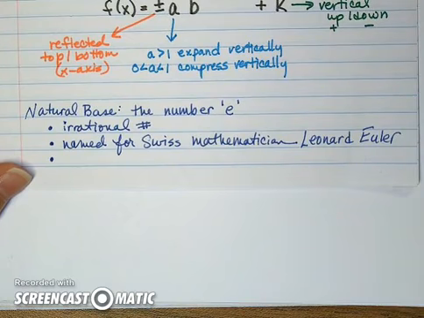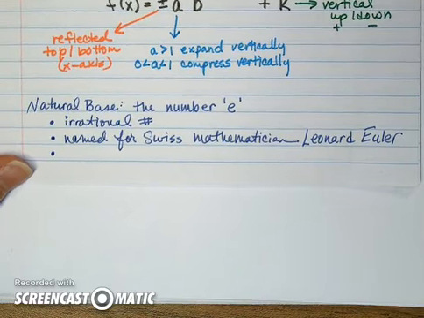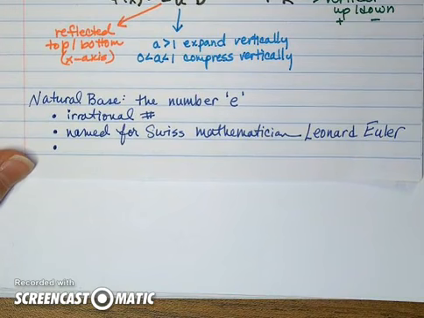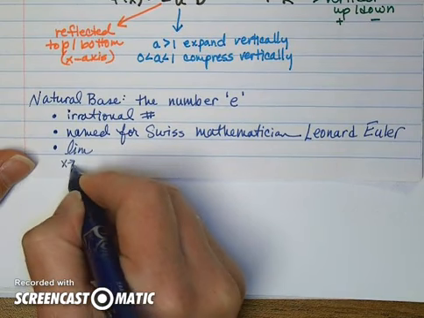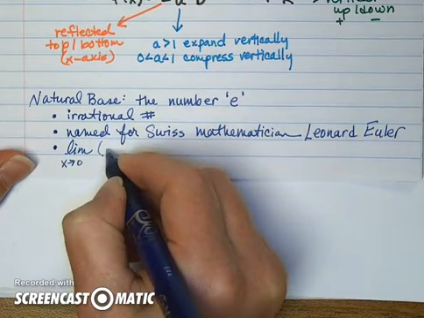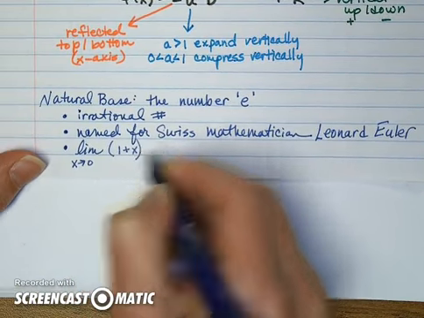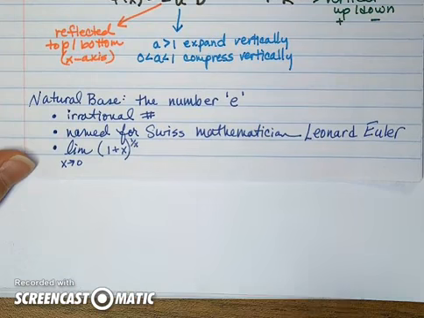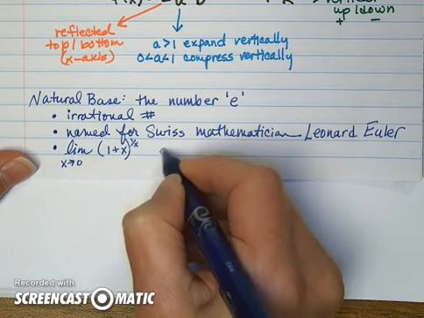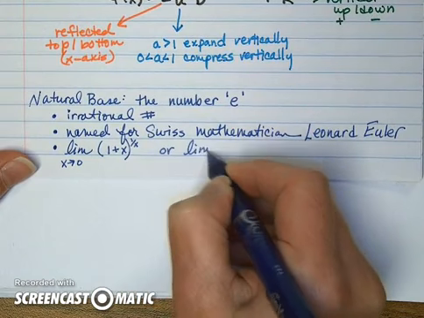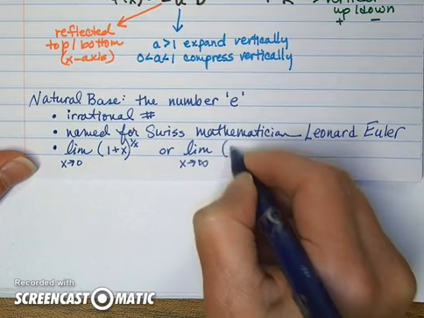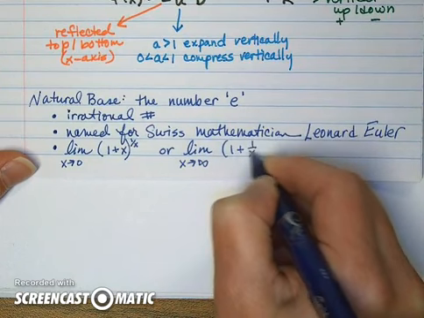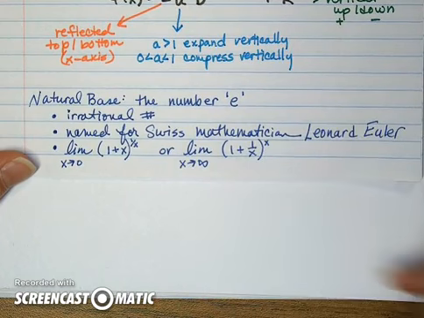Now this number is used so much of the time, and since you have an understanding of limits now, we can write it with the limit. If you take the limit as x approaches 0 of the sum of 1 plus x raised to the 1 over x, or think of it as the limit as x approaches infinity of 1 plus 1 over x to the x, that limit approaches this number.